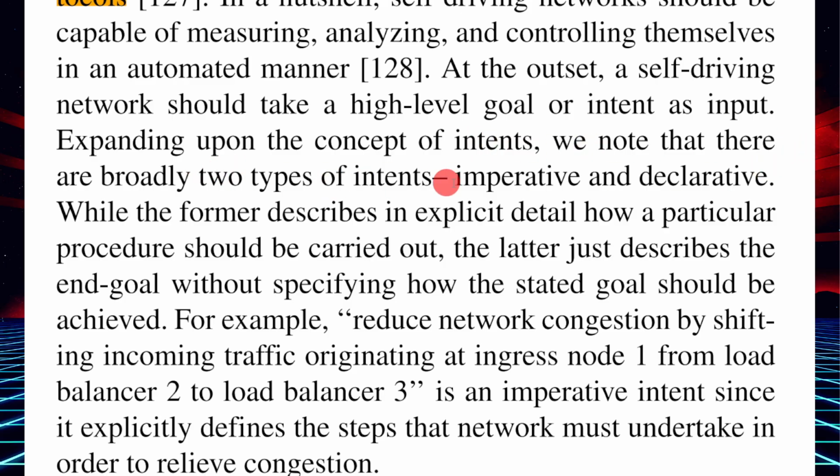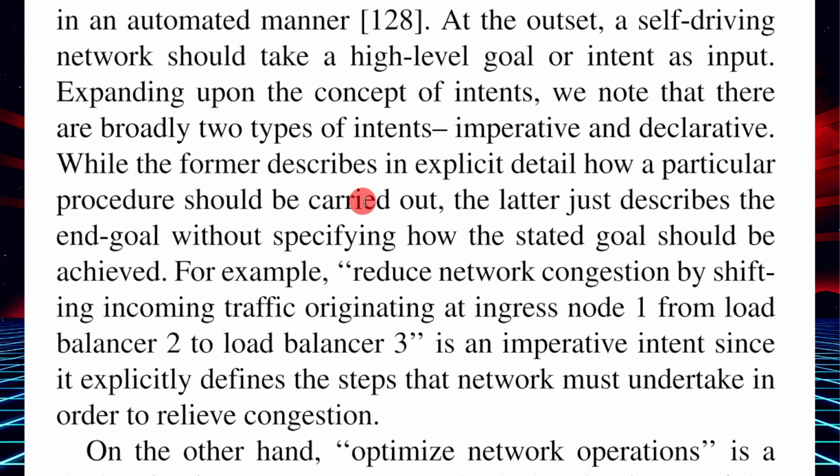Expanding upon the concept of intents, we note that there are broadly two types of intents, imperative and declarative, which were in the definition we read at the beginning. While the former describes in explicit detail how a particular procedure should be carried out, the latter just describes the end goal without specifying how the stated goal should be achieved.